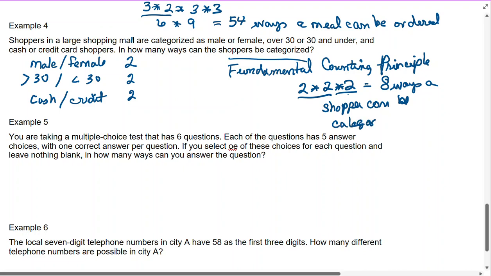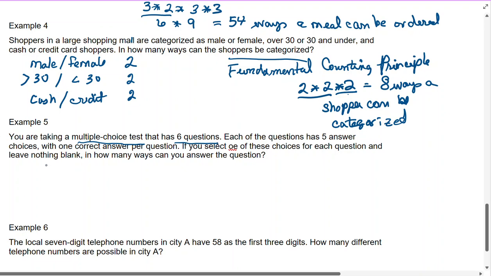There are 6 questions. Each one has 5 possible choices, one correct.